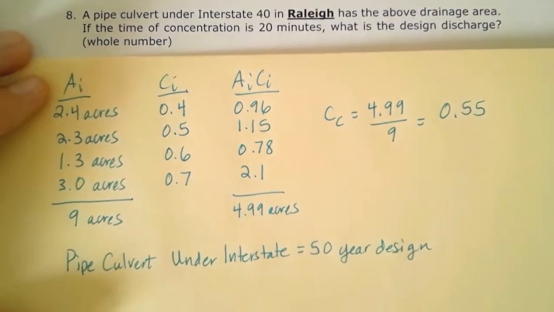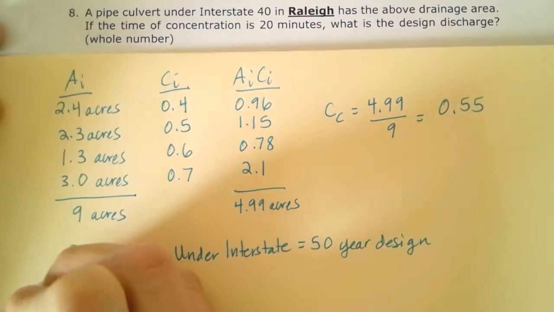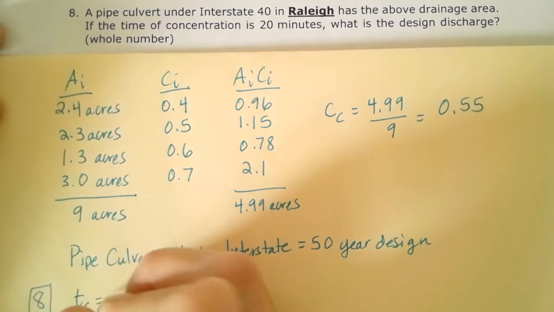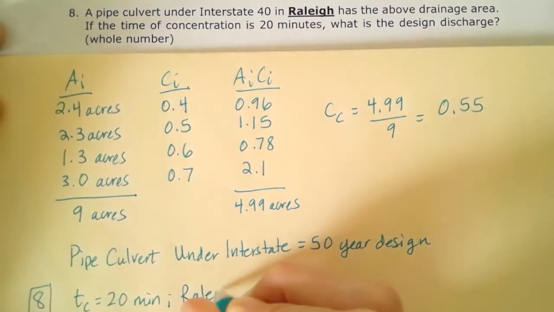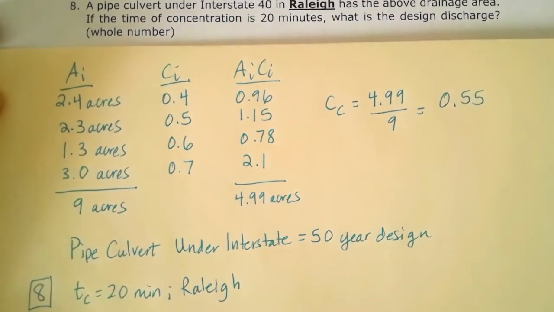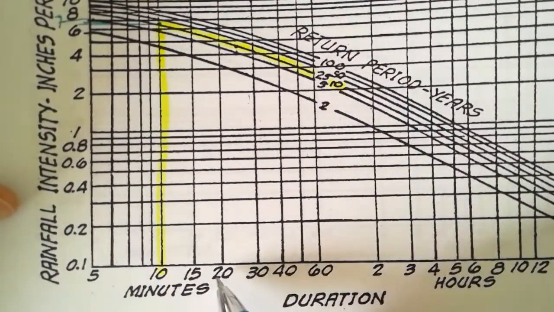Okay, but now I'm going to have some differences. So let's start with Raleigh. So this is going to be number 8. We know that the time of concentration is 20 minutes. And we're going to look at that Raleigh chart. So let's figure that out for the 50-year design. So here's Raleigh. Here's a time of concentration of 20 minutes.